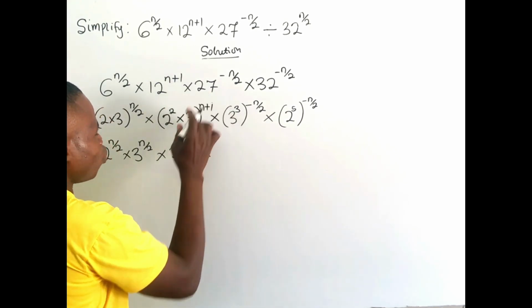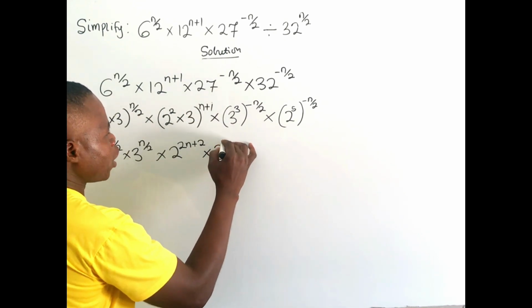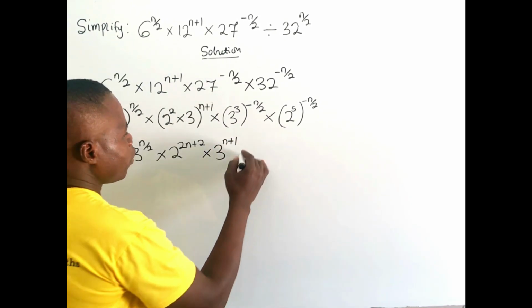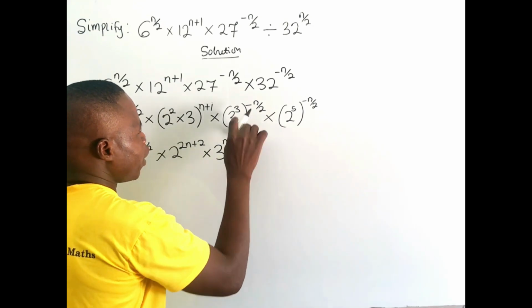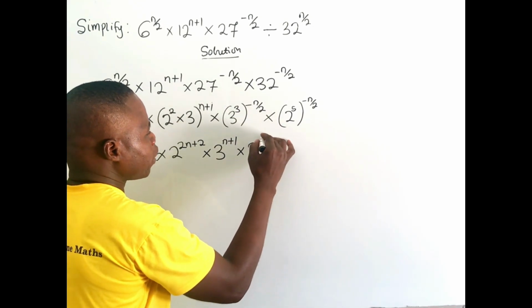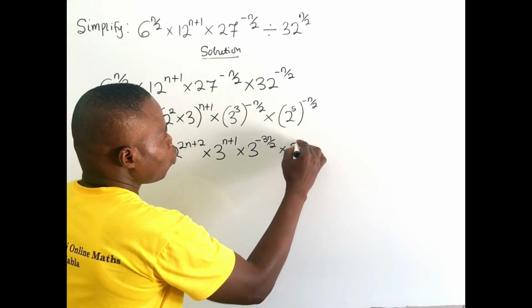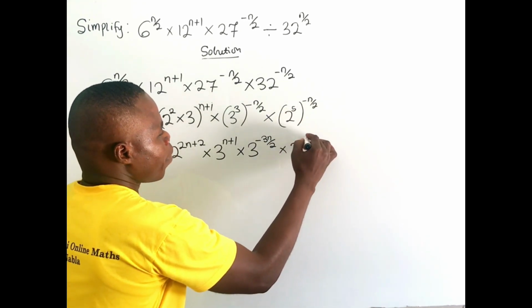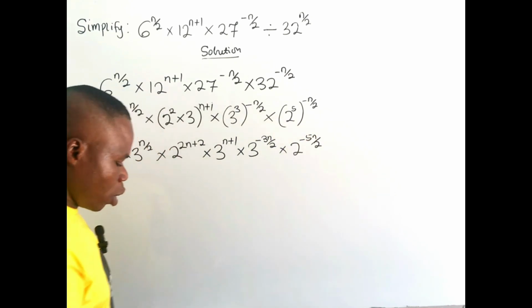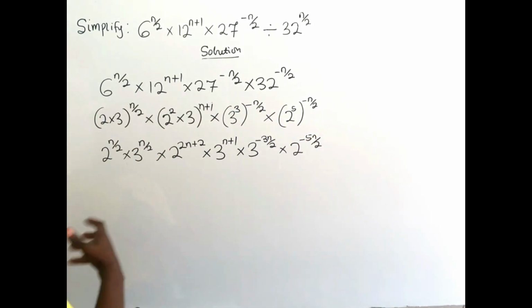Then times this 3, I'll bring the power. It will be 3 exponent n plus 1. Times this 3. Then you see that 3 times minus n is minus 3n over 2. Then this place will be times 2 to the power 5 times minus n, that will be minus 5n over 2. So this is what you get for the distribution of the powers.